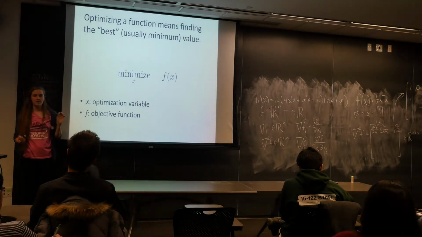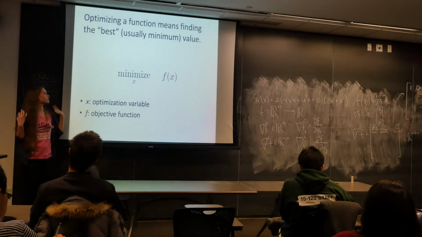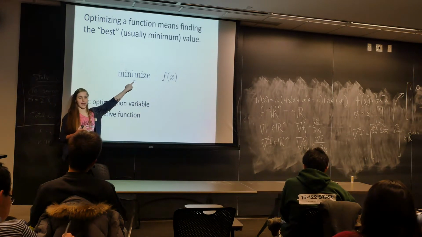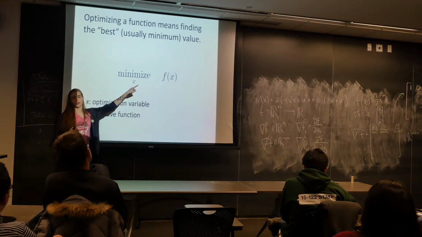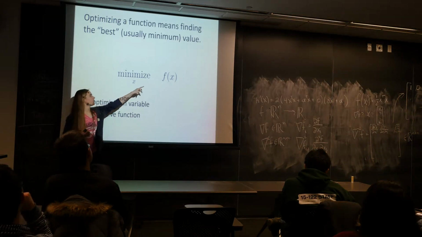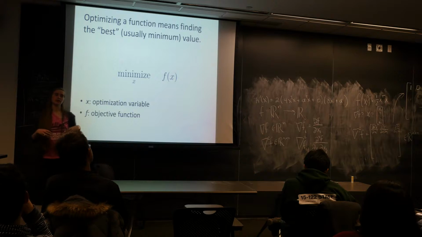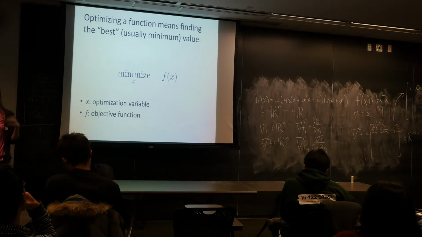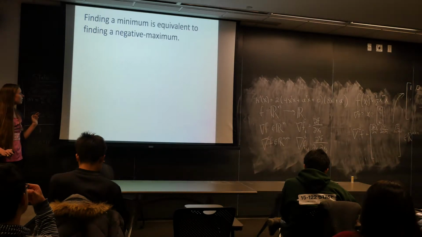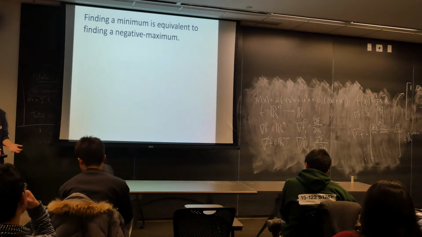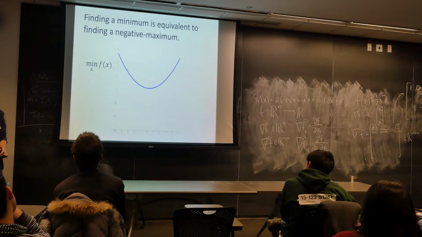If it's the argmax or argmin, in that case, you want to know the particular value of x that achieves the optimum. But lots of times, you only care about the value of the function that is the optimum. You can use the same techniques to find both. Looking for a minimum is equivalent to finding a negative maximum.